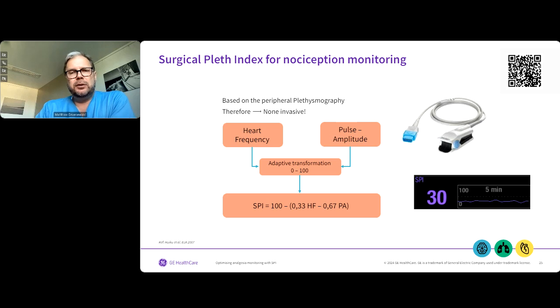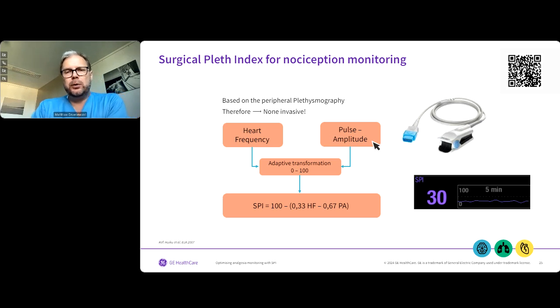So they went into patient data and looked at remifentanil concentration and stimulus intensity, and combined various parameters that could be used in daily clinical routine, for instance, blood pressure, heart rate variability, and also just heart frequency and the pulse amplitude.